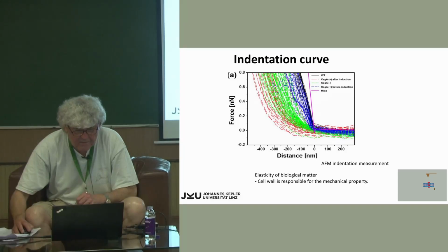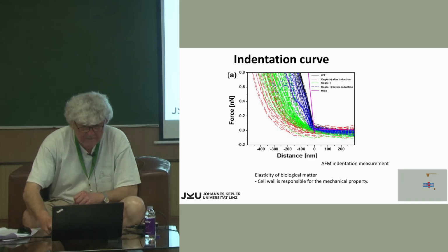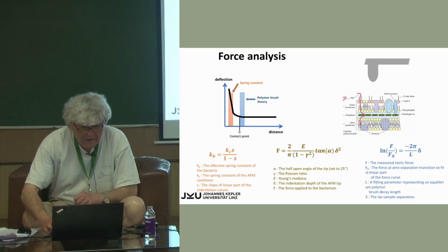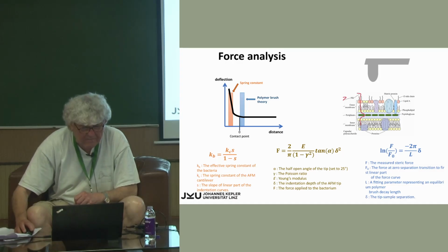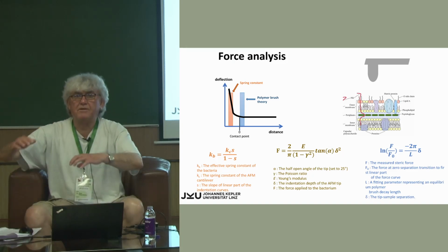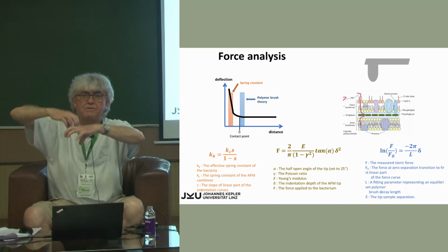And we can see that these different mutants also behave differently in their elastic behavior. We have three regimes that we can tackle. One is that this polymer brush can be sensed before you actually have contact with the cellular membrane.